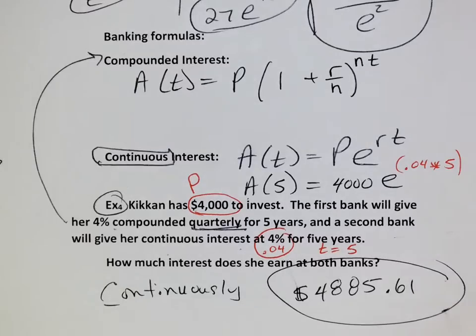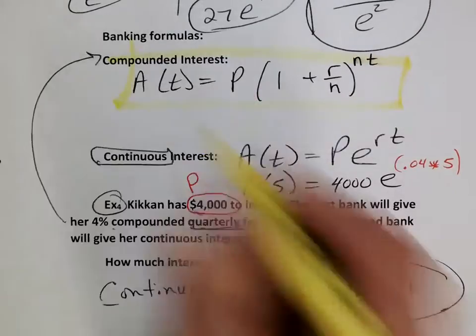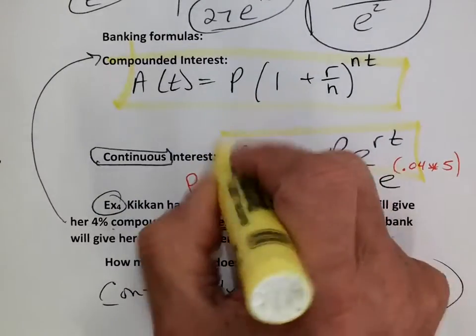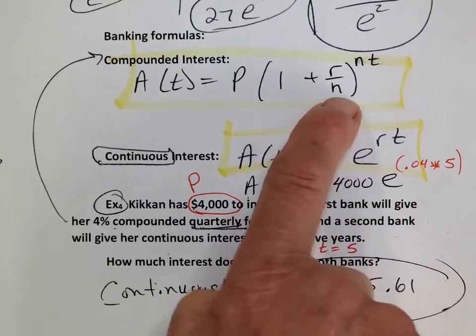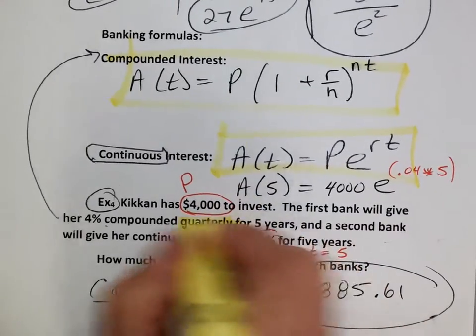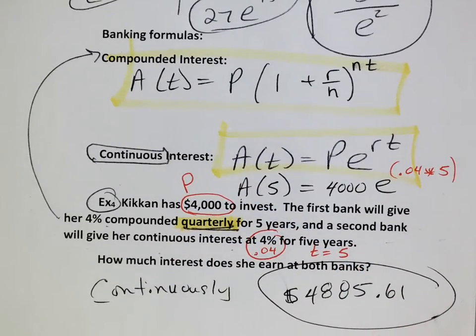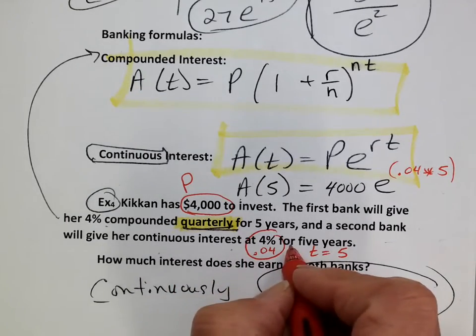I'm going to highlight both of these formulas so you can have these in your notes. This is compounded and this is continuous. Now, n is the number of times per year. So in this example, since we're going quarterly, n is 4.